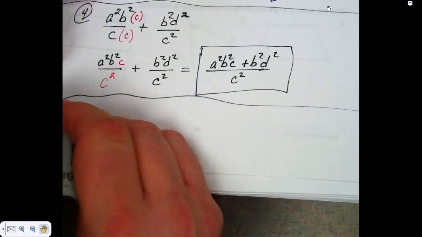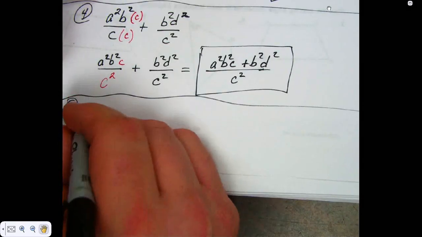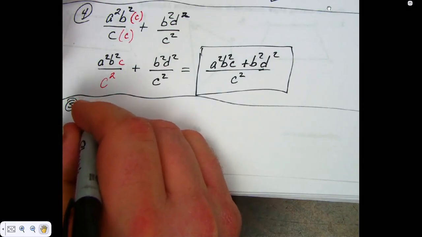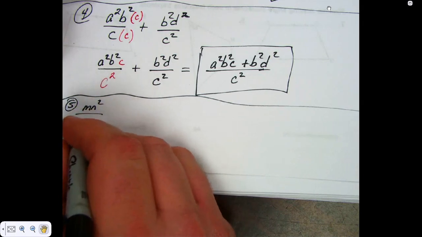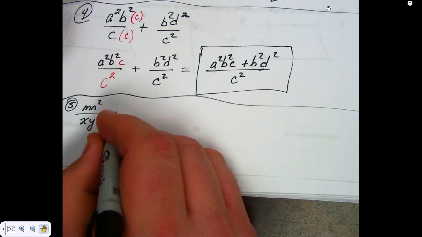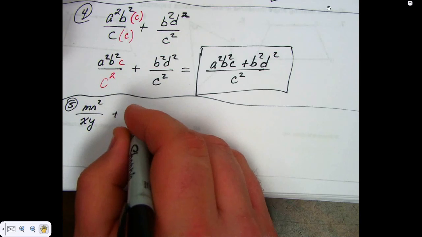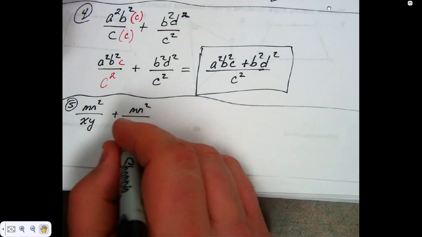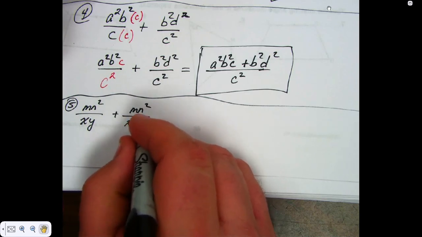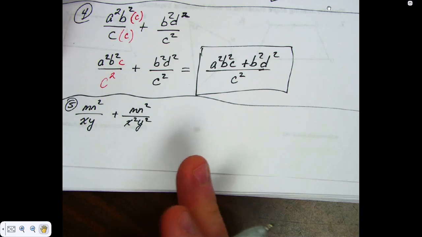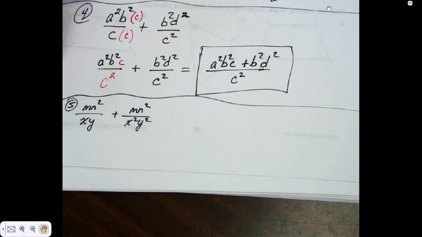Number 5. How about mn squared over xy plus mn squared over x squared y squared? Do I have a common denominator? I do not.